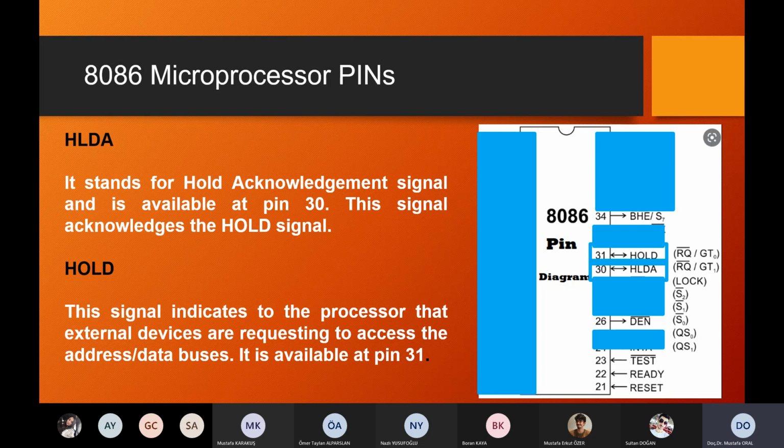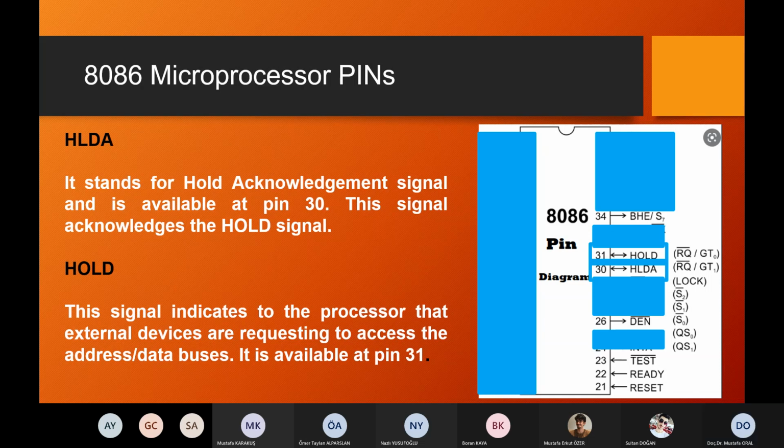Therefore, whenever the external device wants to get the ownership of the address and data bus and the control bus signals, a hold request is sent by the external device to the 8086.